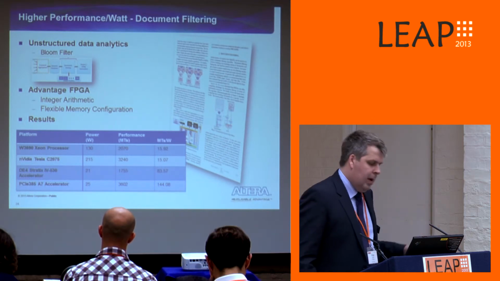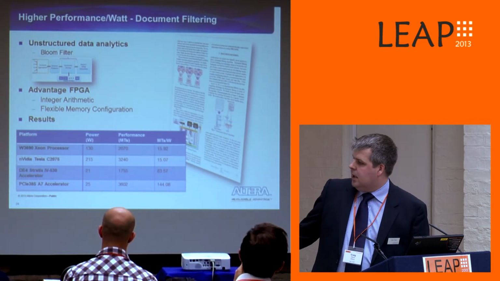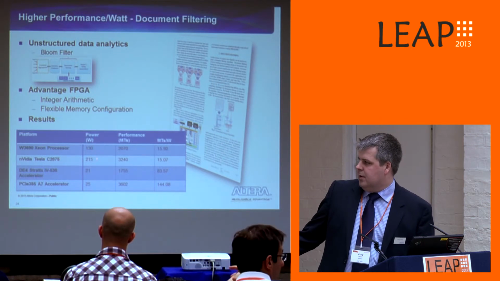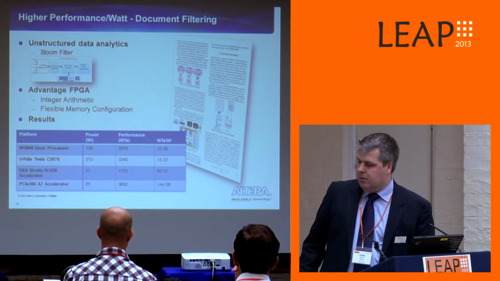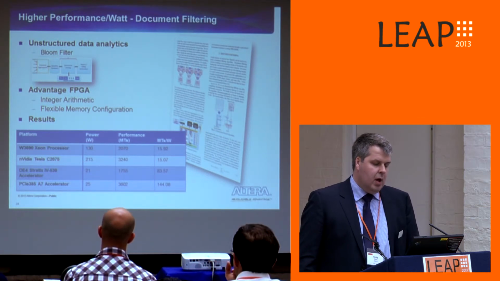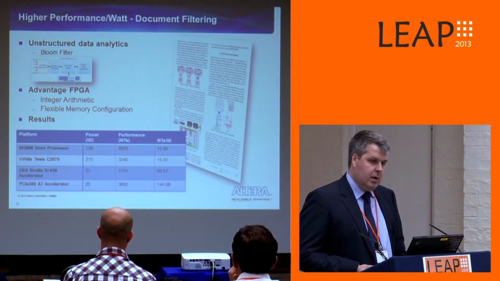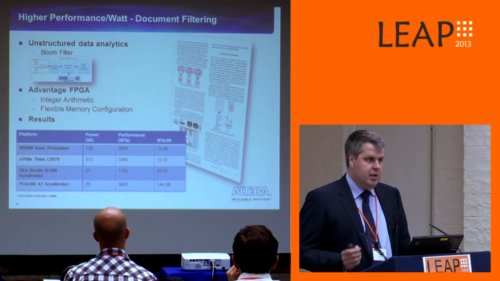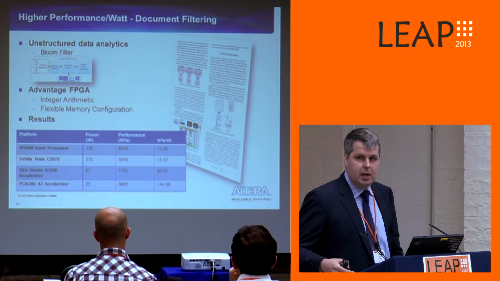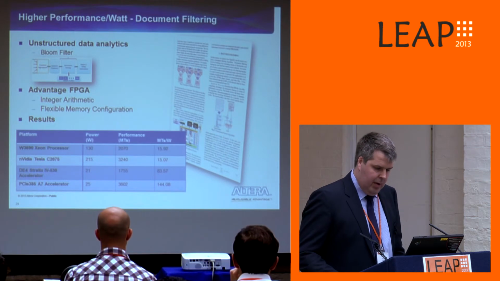I have a white paper that explains this in more detail, but in the comparisons you can see similar levels of power, 25 watts versus 215, 130 watts, and the millions of transforms per second is significantly higher than the CPU, with much better power efficiency per operation as well. This fits nicely with server applications where you have limited power, where you have to stick within a PCI Express power budget of 25 watts, for example. You don't have the ability to go to the extra power consumption.